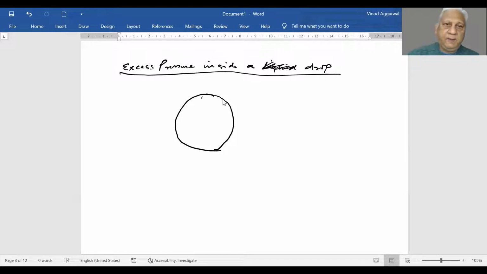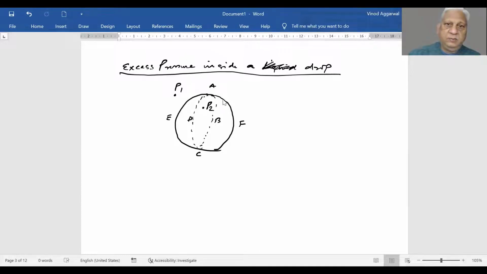And let us say this is an imaginary section on the spherical drop. Let's call the points A, B, C, D, and on some other side we have point E and here F. Now let us say the atmospheric pressure outside is P1 and inside the drop it is P2.